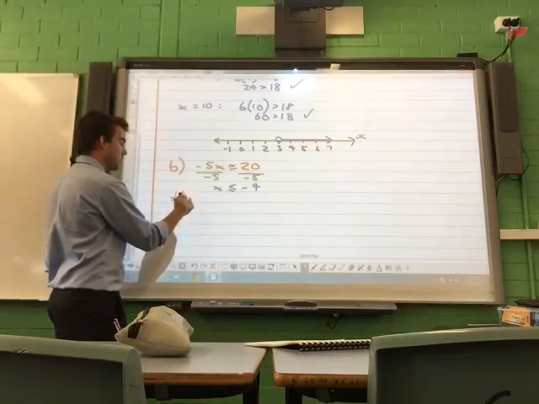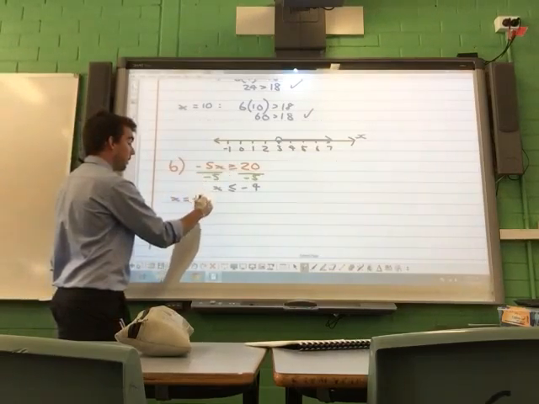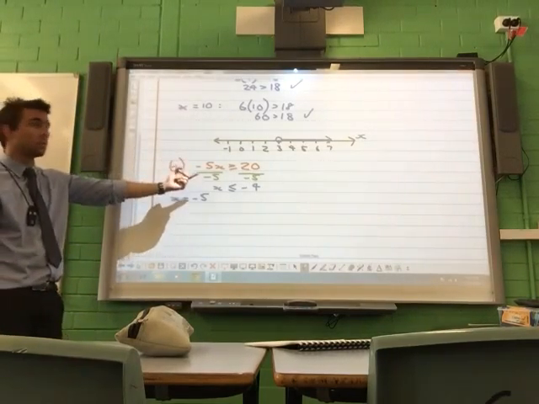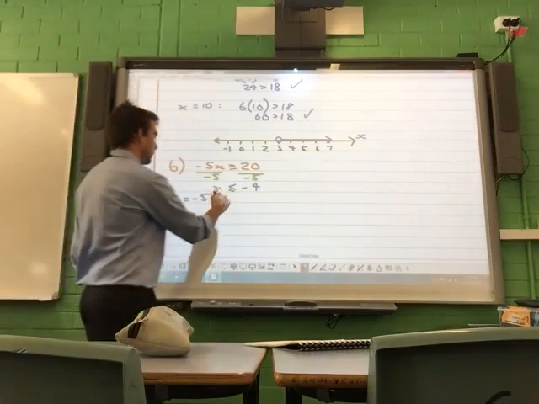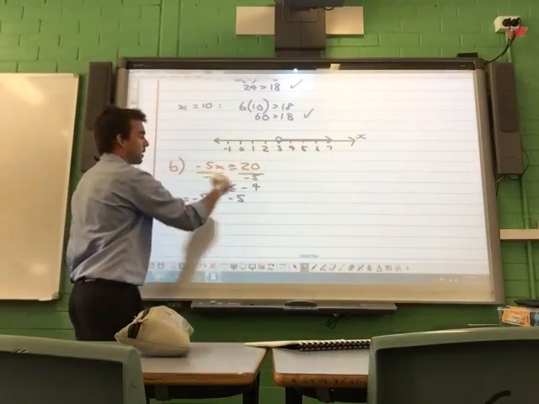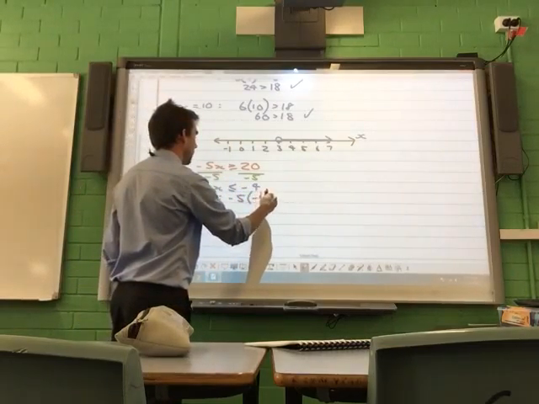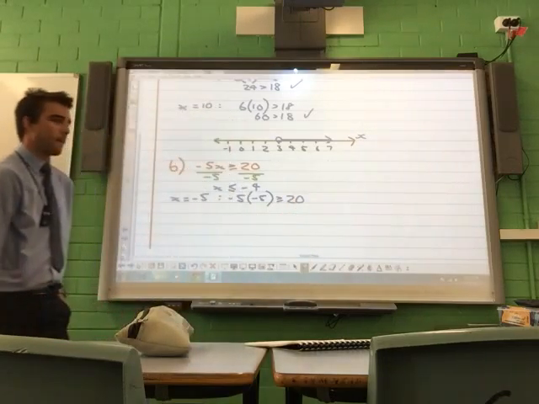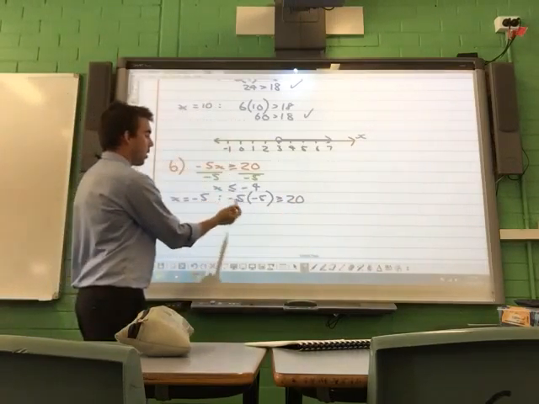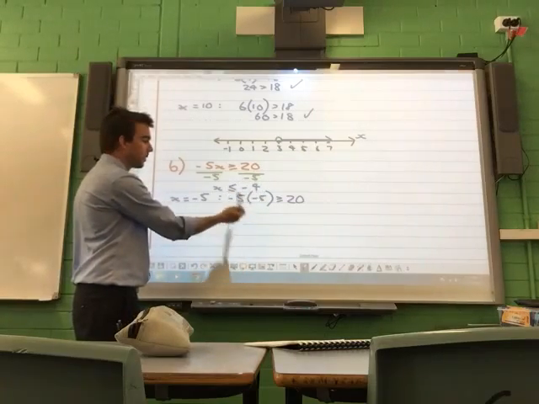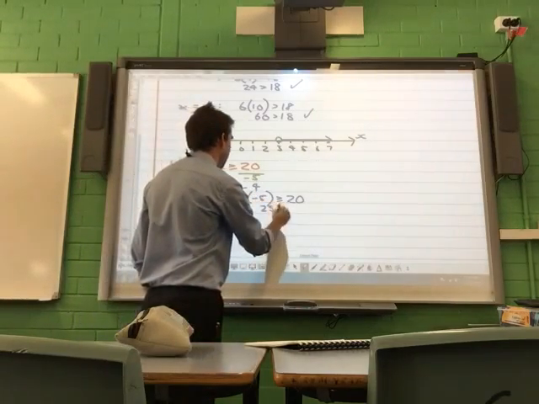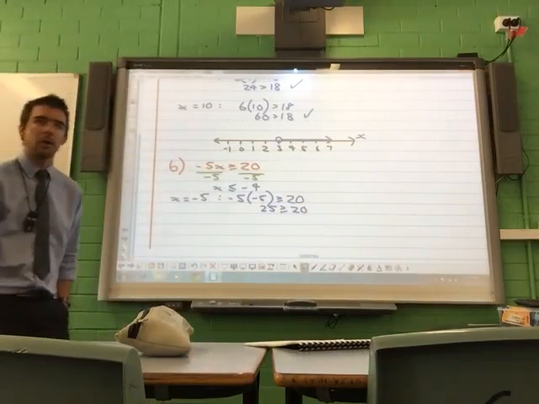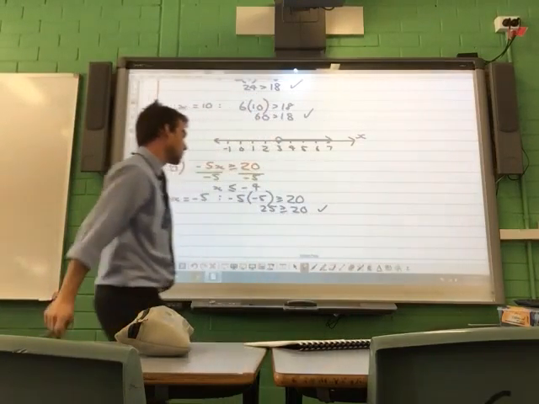So if x is -5, for example, substituting back into the original inequality, -5 lots of -5 has got to be greater than or equal to 20. Alright, so negative times negative is positive, 5 times 5, which is 25, is greater than or equal to 20. And that's a true inequality. 25 is greater than or equal to 20.